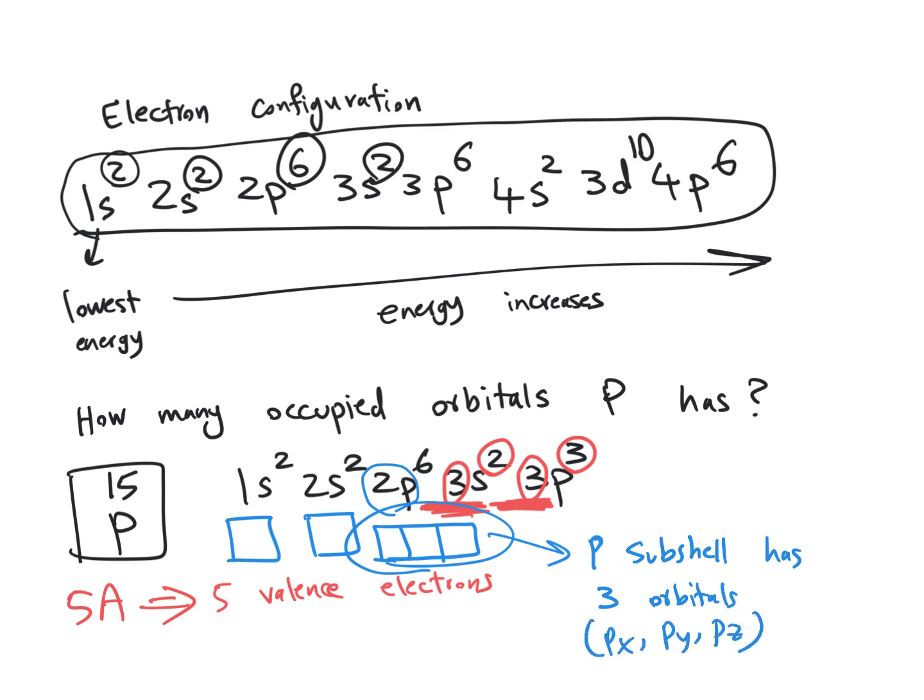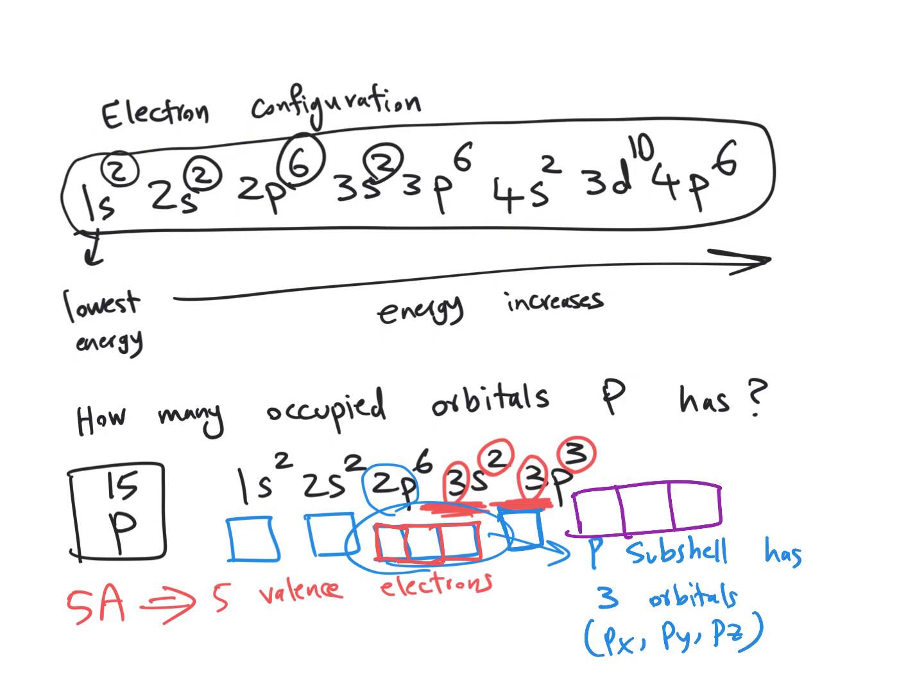So you have 1, 2, 3 orbitals. And then 3s, I just talked about it, s subshells in general have only one orbital. What about 3p? Again, it doesn't matter whether it's 2p, 3p, 4p, a p subshell has 3 orbitals.